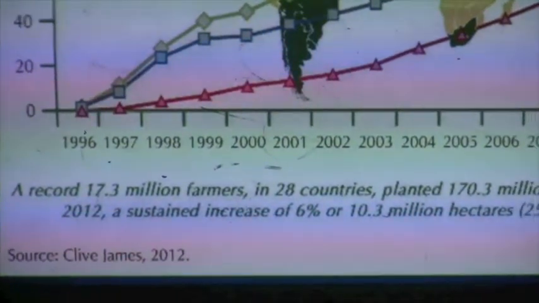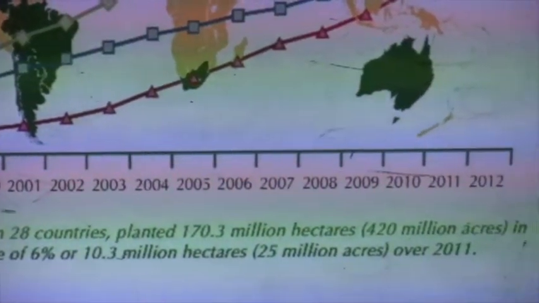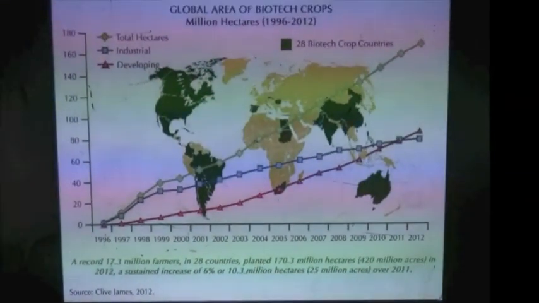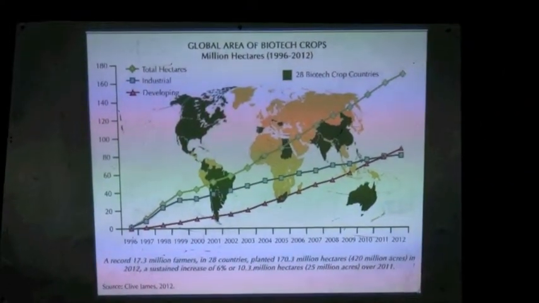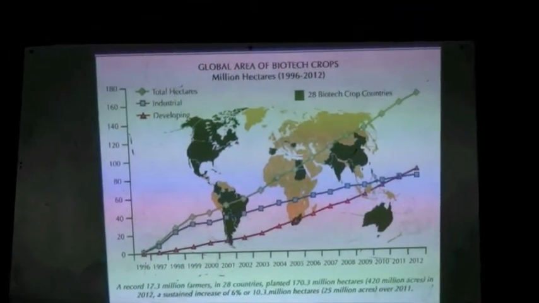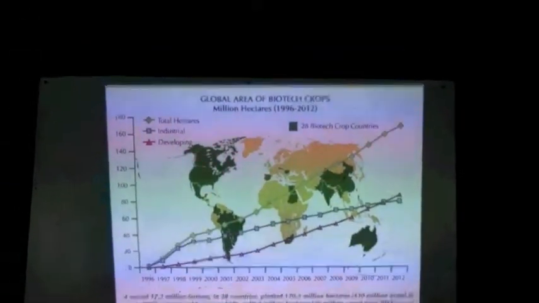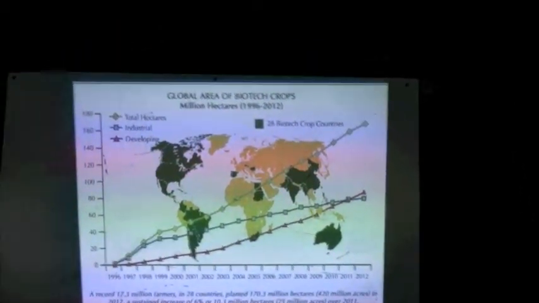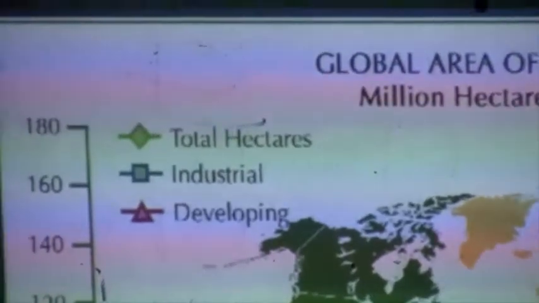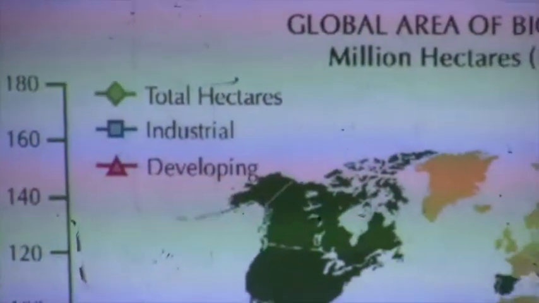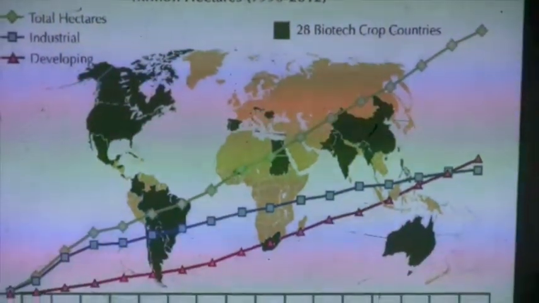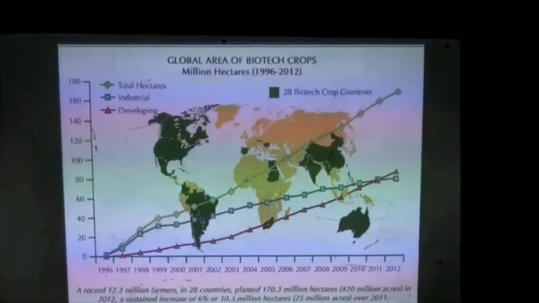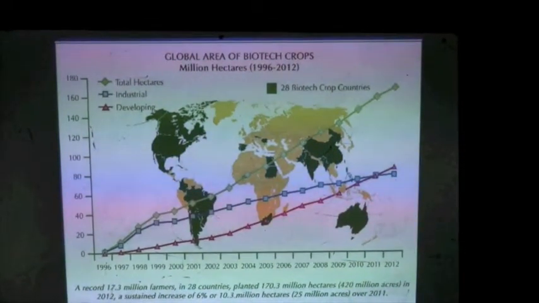The blue line indicates the industrialized countries. The green line represents the total hectares of biotech crops which are planted. And this data was collected in 2012. From 1996 to 2012 data is presented here. The countries in green show all those that are involved in producing biotech crops.